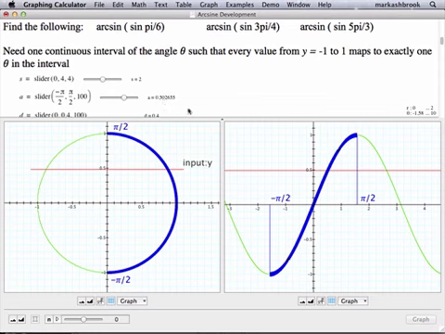That's right. So you get 1/2 for y. And so then what happens? Now we're taking the arc sine of 1/2. It's going to spit back that same angle because we're in this range here. In the range from negative pi over 2 to pi over 2, the angle is pi over 6.